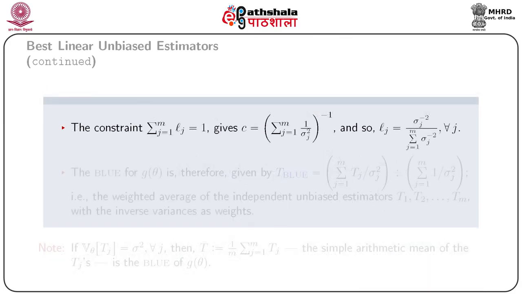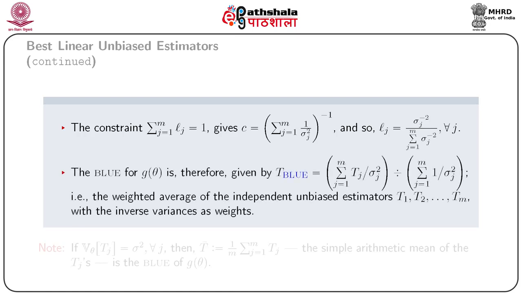Using the constraint summation li equals 1, we get C equals 1 by summation over i from 1 to k of 1 by σi², and hence the BLUE for g(θ) is given by summation over i from 1 to k of Ti into Wi, whole divided by summation over i from 1 to k of Wi, where Wi is equal to 1 by σi² for all i. Therefore, the Wi's are equal to the reciprocals of the variances of the Ti's.